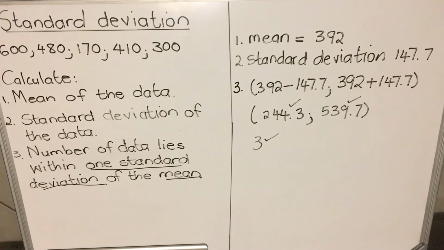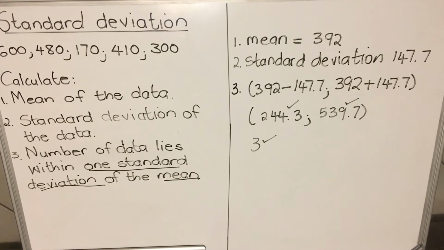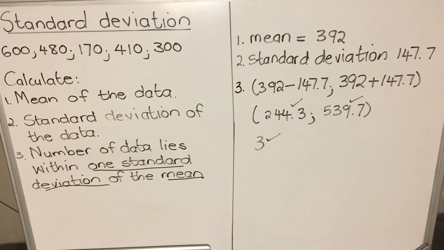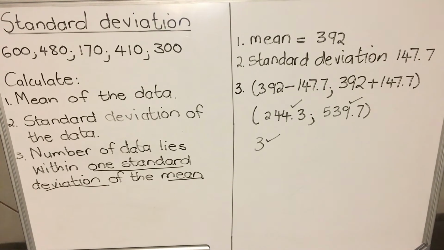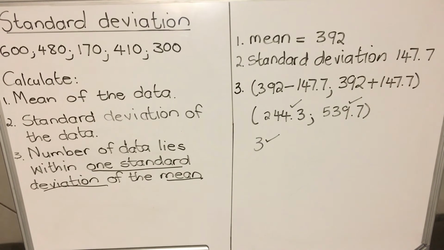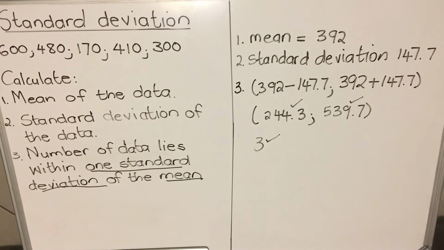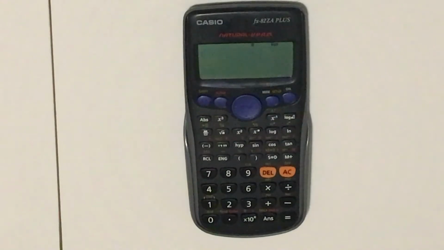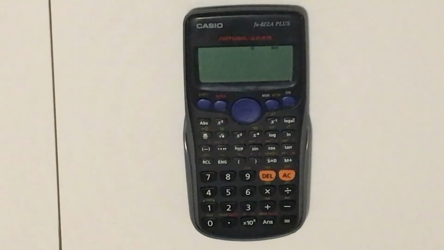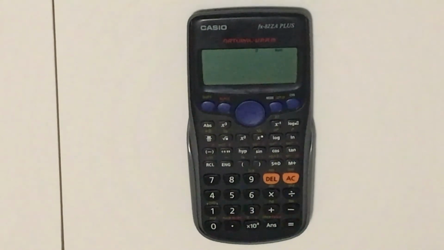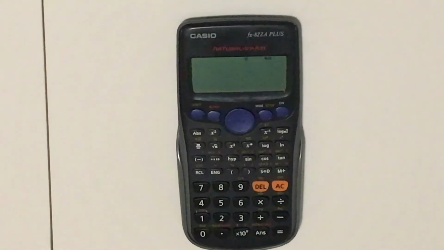Now the problem with statistics, you have set your calculator to stat. Before you continue with your exam, you need to fix your calculator, or your trigonometry answers are gonna be wrong. So let me show you how you fix your calculator. Okay, it is important to clear your calculator because your answers, especially trig answers, are gonna be wrong because your calculator is set to statistics.